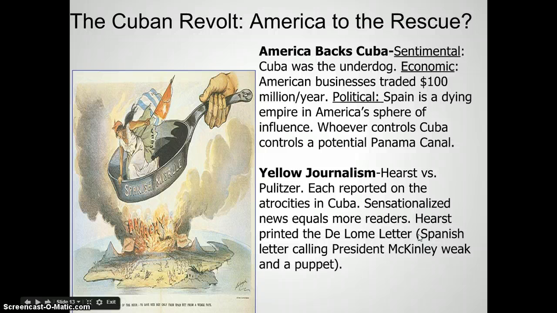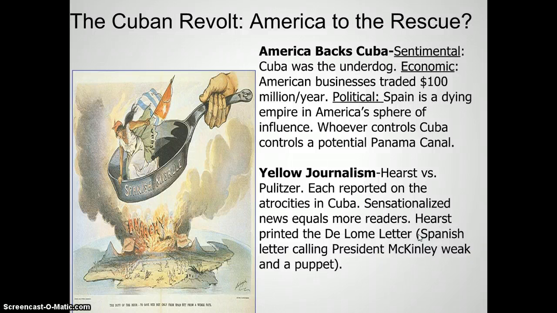When we think about the Caribbean, we tend to focus on Cuba because that's really where the fire starts. The United States feels sentimental towards Cuba. They are the underdog. We have lots of American business interests there. And we also see it as a possible military gain.